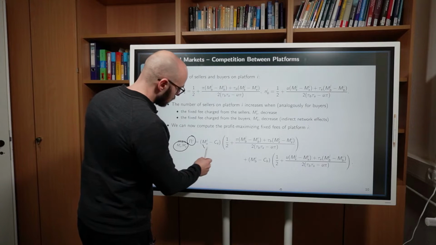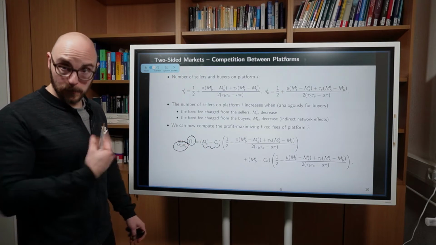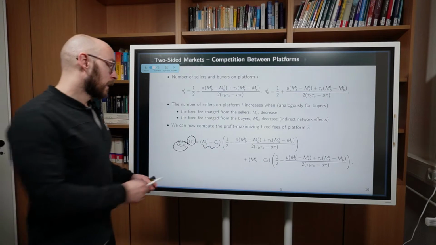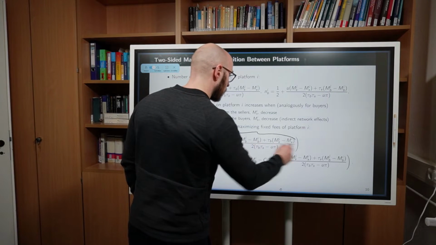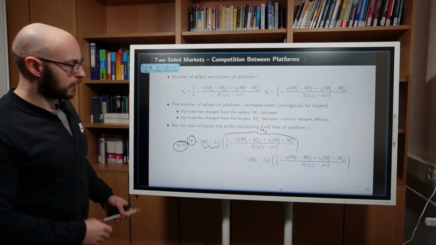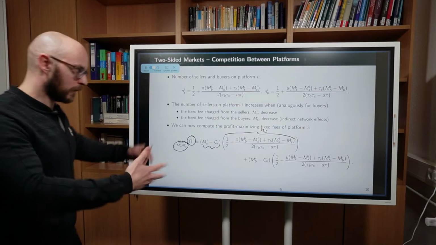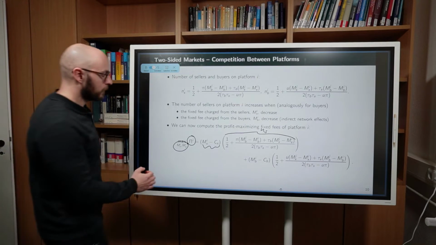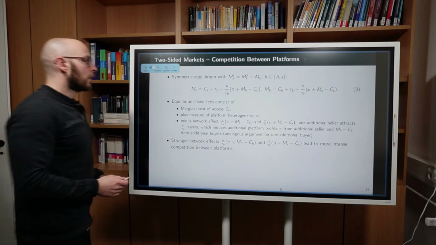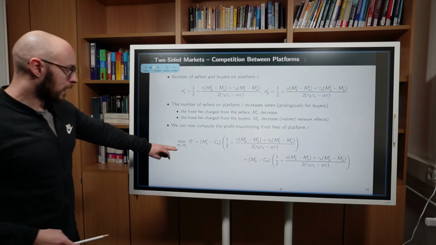And from each seller, it earns as margin the fixed fee for that seller minus the cost for serving the seller. And this is the number of sellers, right? So this is what we have here. And for the buyers, it looks exactly the same, right? So with the respective indices.